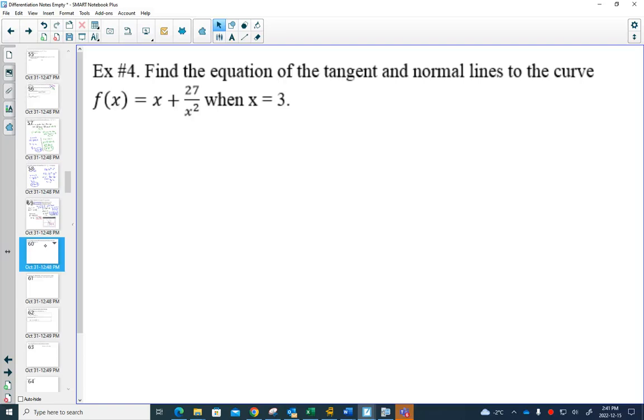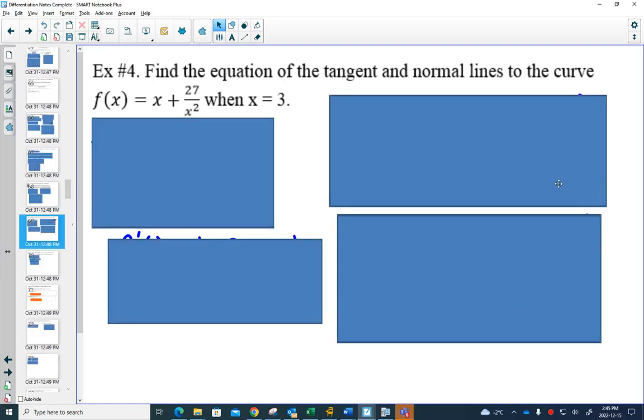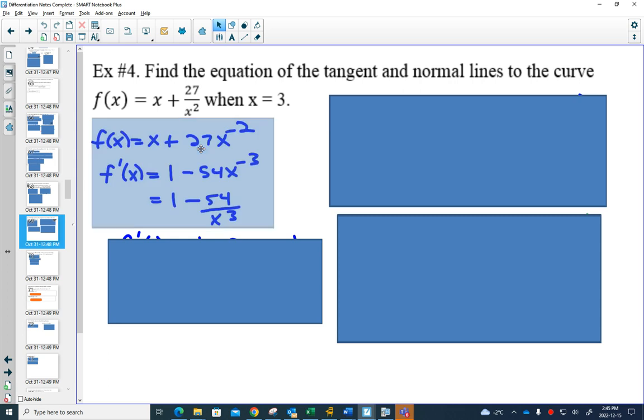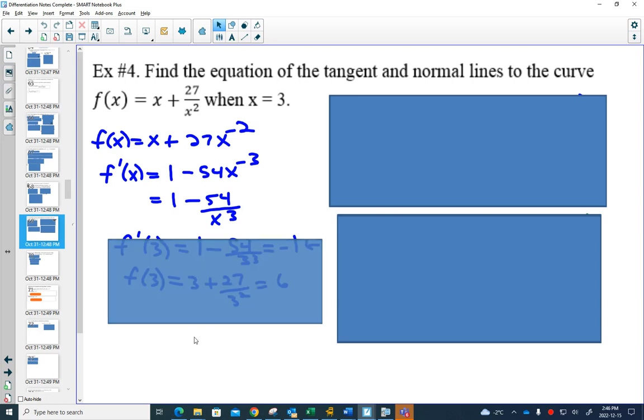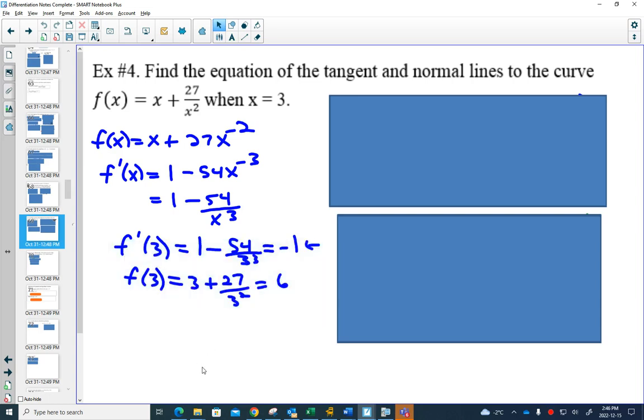All right, I want you to try this one on your own. Some preliminary stuff. Did you get the derivative right? Did you find it correct at 3 to be 6?